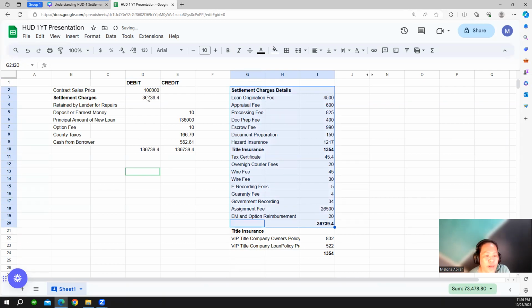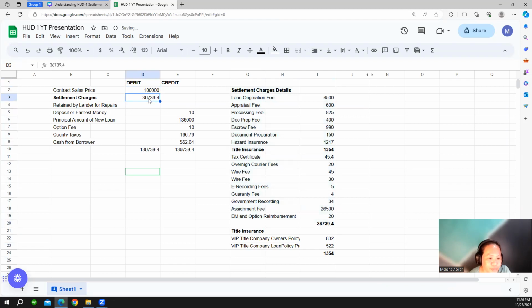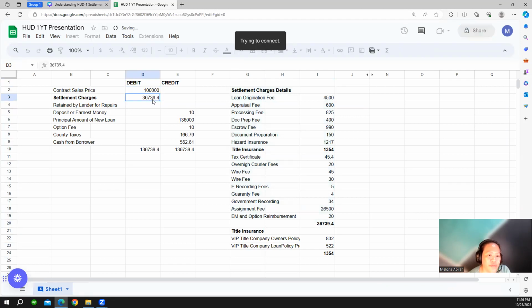So it will be part of the cost of this particular property. So 100,000 plus 36,739.40.